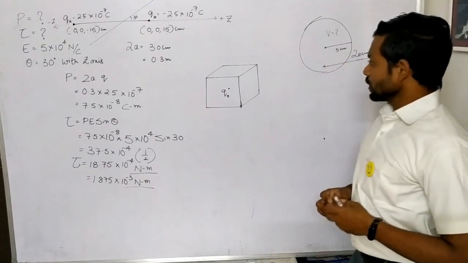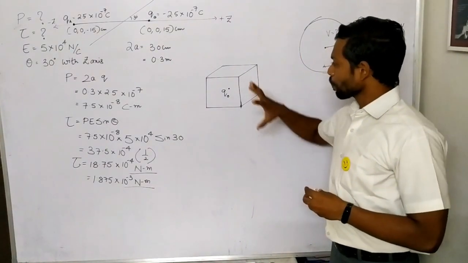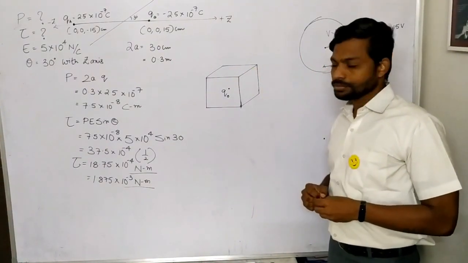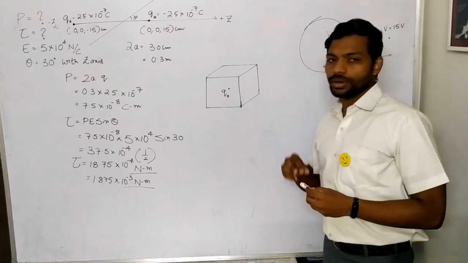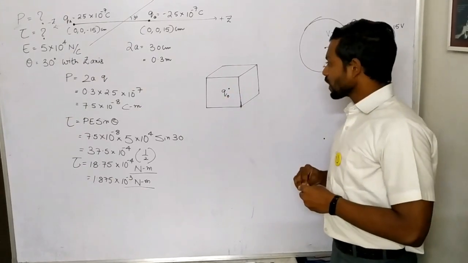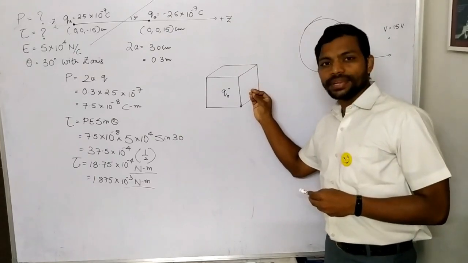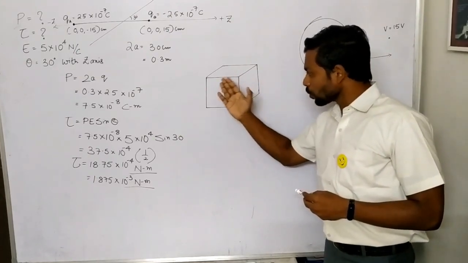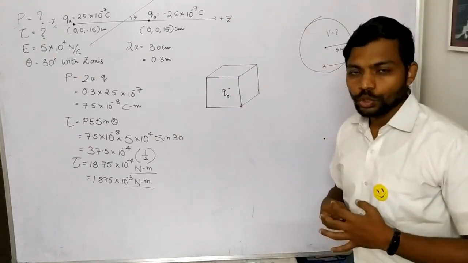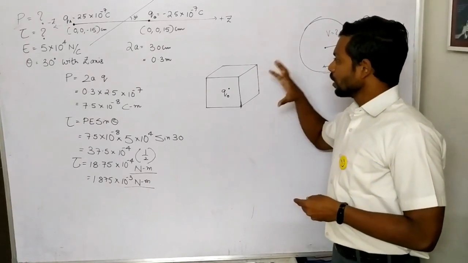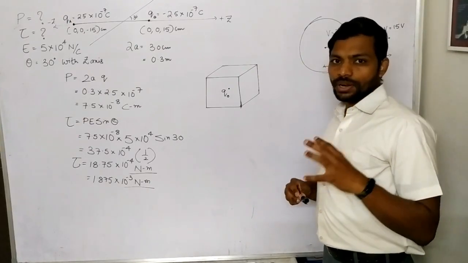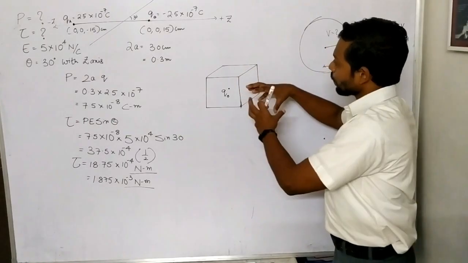Friends, in this question they asked us, inside a cube they place the charge Q naught. What is the flux which is emanating outside through two opposite faces? So to answer this, firstly, we have to answer what is the flux generally coming out of this cube.